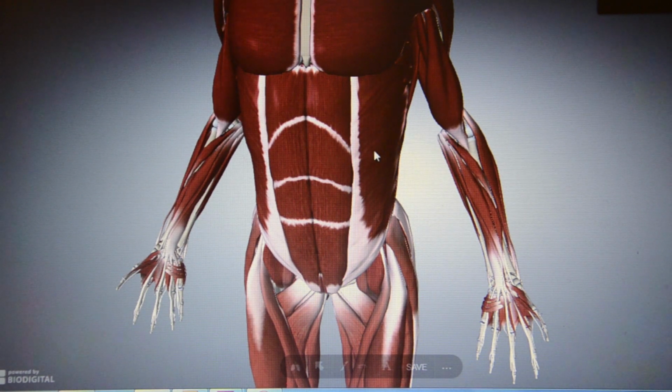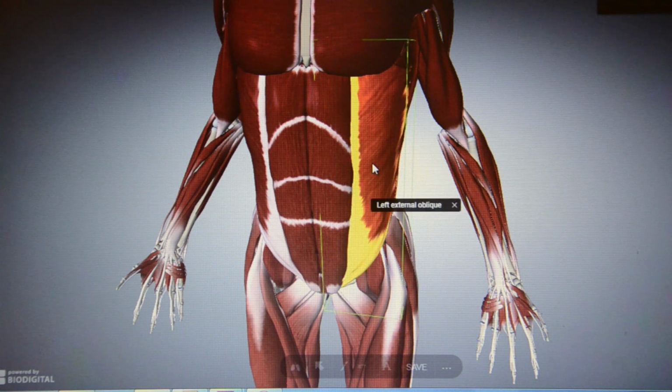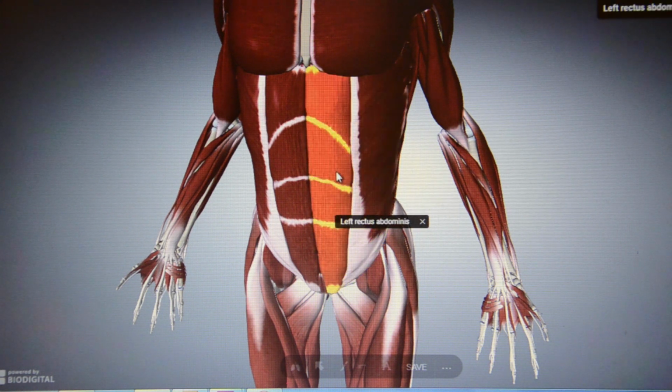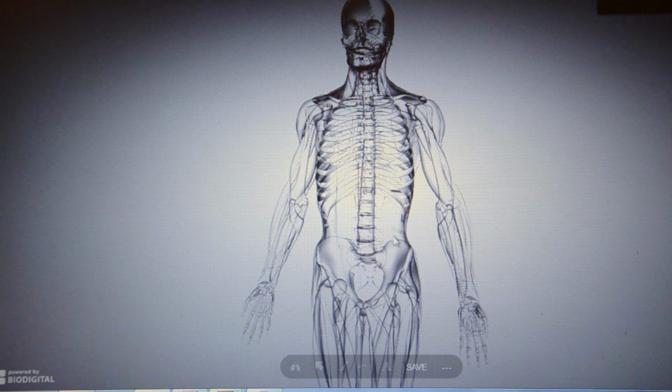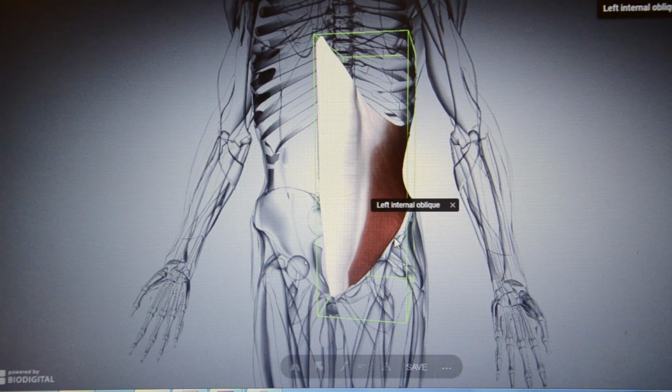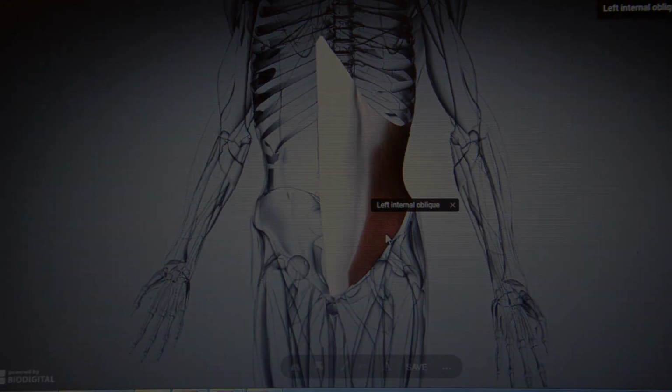Now we're looking at abdominal muscles, and first one, external oblique, rectus abdominis, and internal oblique.